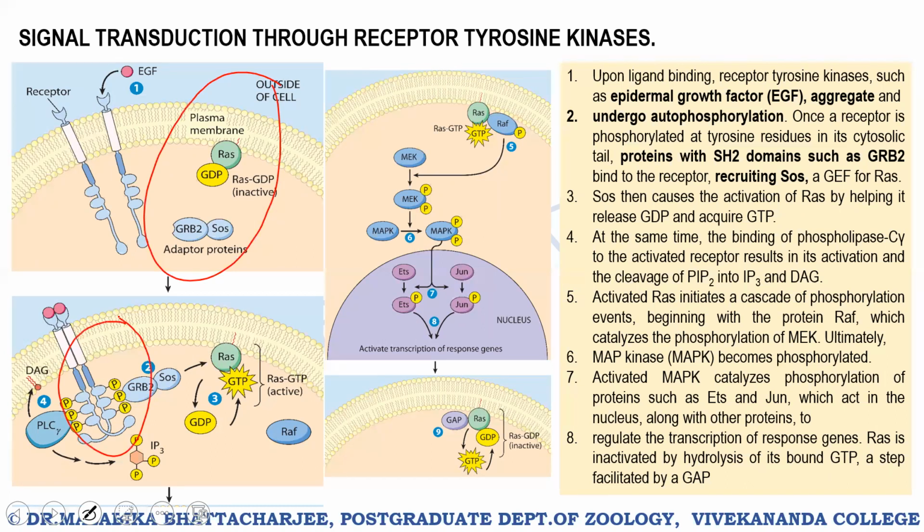These proteins are then further activated, and they activate the RAS protein. The RAS then exchanges a GDP for GTP. Once RAS is activated, the signaling cascade moves downstream, activating the transcription of the response gene.